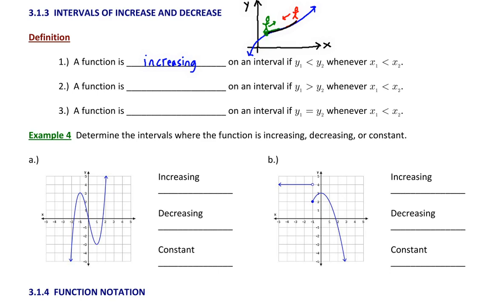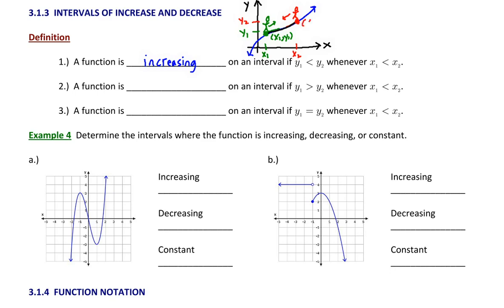Let's consider 2 points on our graph, the starting point on the left and the finishing point on the right. The first point here has x value x sub 1 and it has y value y sub 1. So that would be ordered pair (x sub 1, y sub 1). Our second point has x value x sub 2 and y value y sub 2.